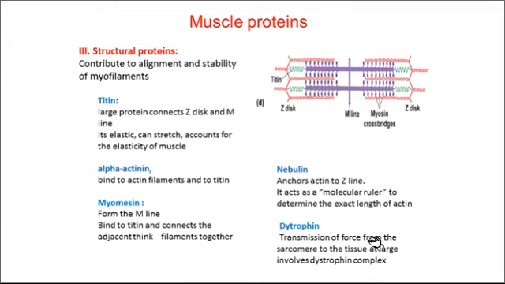So it transmits the force of contraction created by the sliding of the actin over myosin to the sarcolemma of the muscle fiber. So we have the structural proteins including titin, alpha-actinin, myomesin, nebulin, and dystrophin.